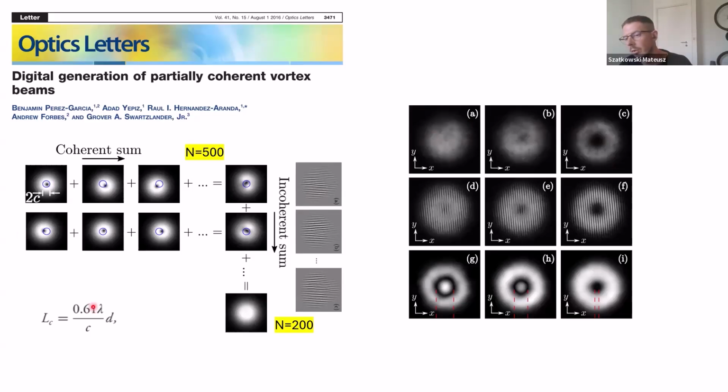The transverse coherence length is given by this equation, where d is the observation distance and c is this diameter, or radius in this case, of the blue circle within which the vortex is randomly shifted. So you can think about that. If the circle is very small, this becomes the coherent case. If we increase the diameter of the circle, we go into the partially coherent regime.